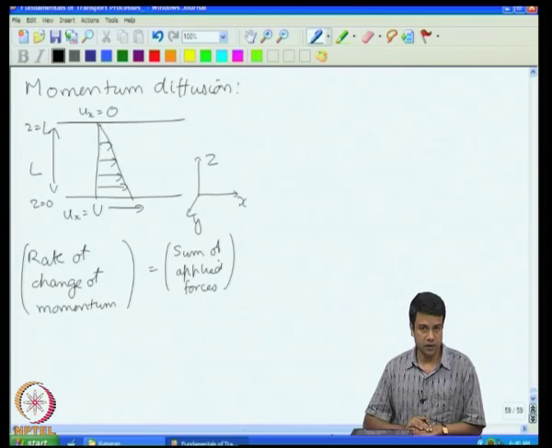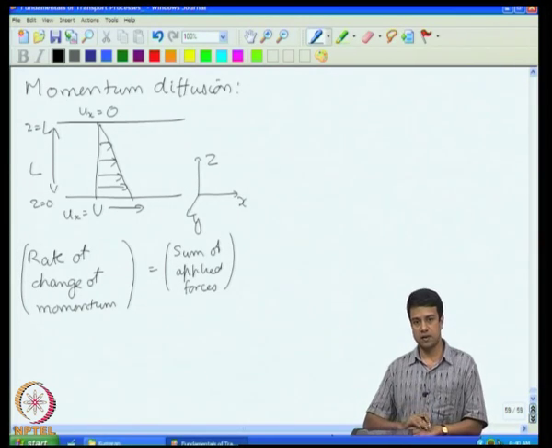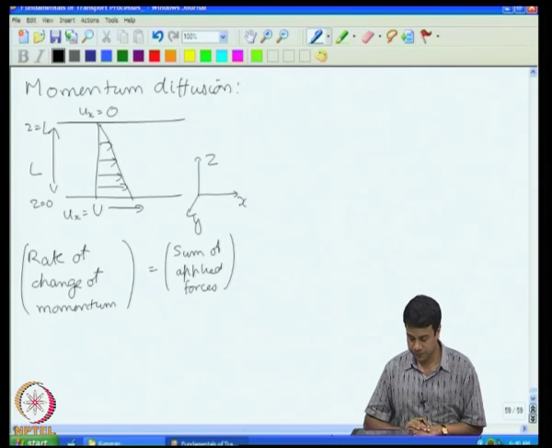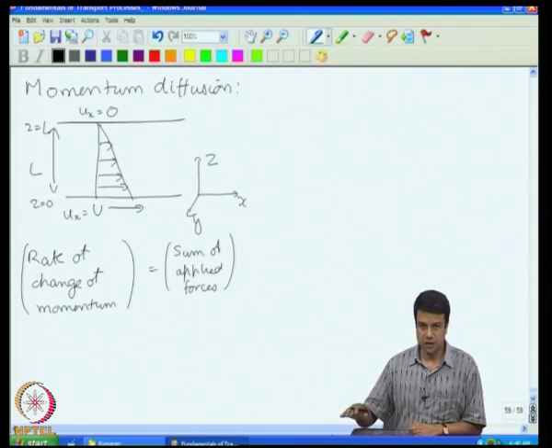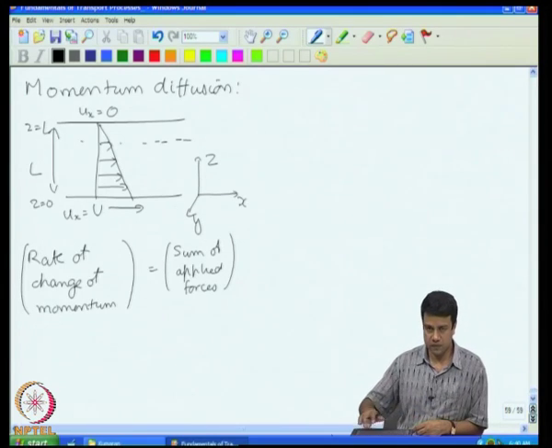Important point to note here, momentum itself is a vector. It has a direction to it. In this particular case, the fluid velocity is in the x direction, which means that the momentum vector is along the x direction. Along the x direction nothing changes. So, if I travel along the x direction, keeping z a constant, there is no change in velocity.